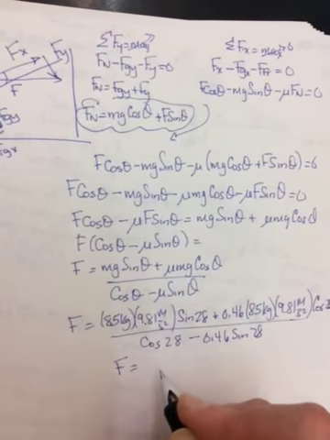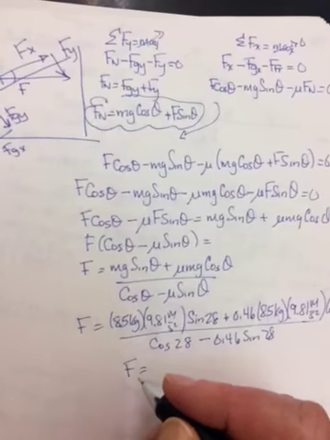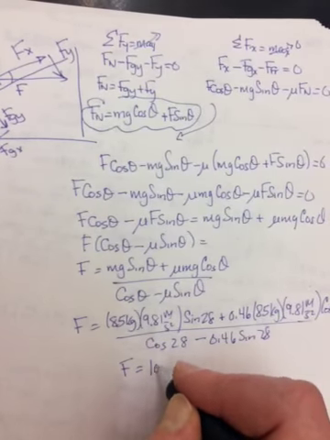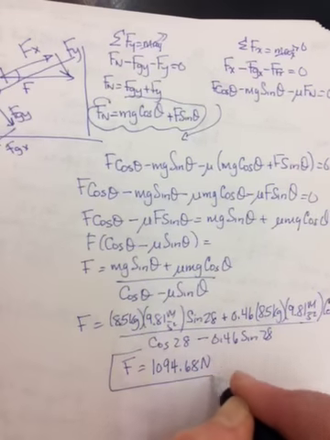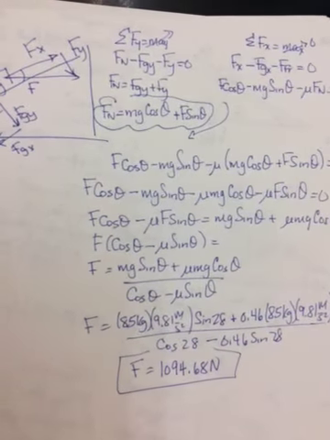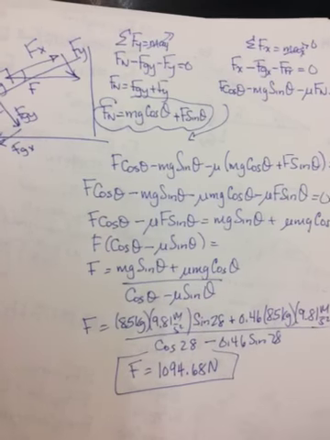And assuming you can type this into your calculator correctly, you should get 1094.68 newtons for part A. Okay, answer in the back of the book, by the way, is wrong.